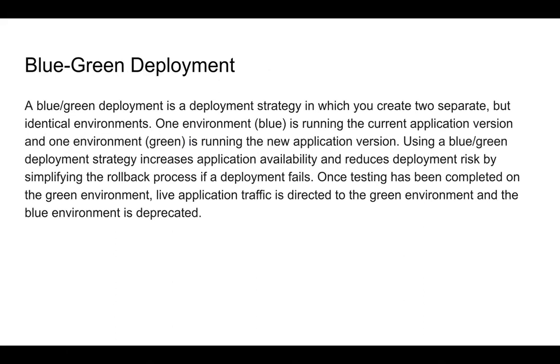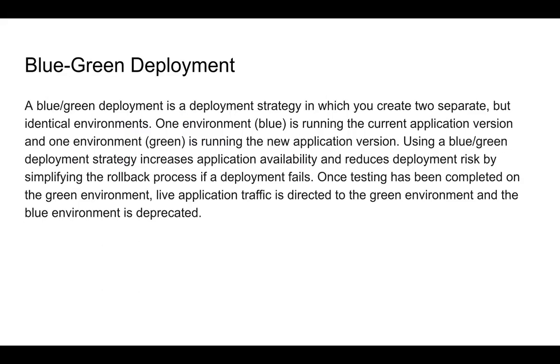Now, blue-green deployment is a deployment strategy in which you create two separate but identical environments. One environment, being blue, is running the current application version, and one environment, which is green, is running the new application version.